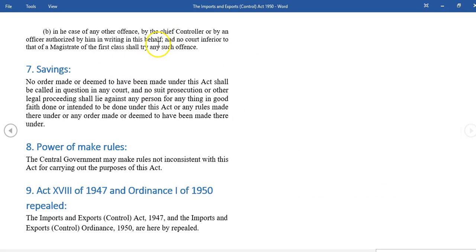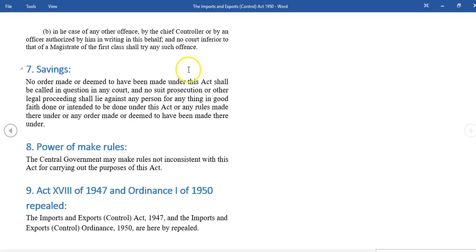The chief controller or the collector can do that, or any officer subordinate to the chief controller and collector can also do that on behalf of the collector or chief controller.